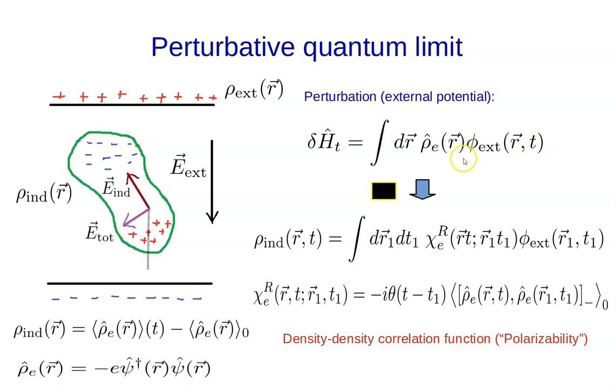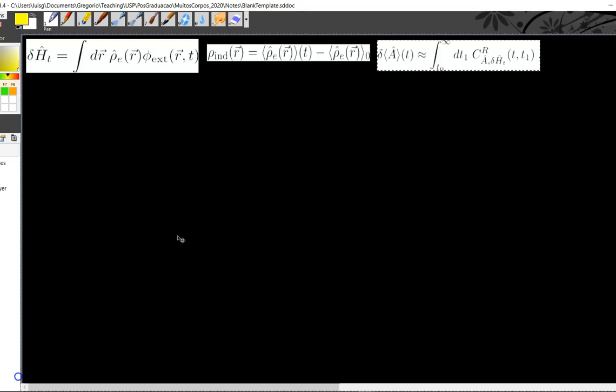And we're going to see that if you apply linear response to this, we're going to have a charge density correlation function, and that's going to be our response function. So let's see how that works on the blackboard, and see how we get to this expression.